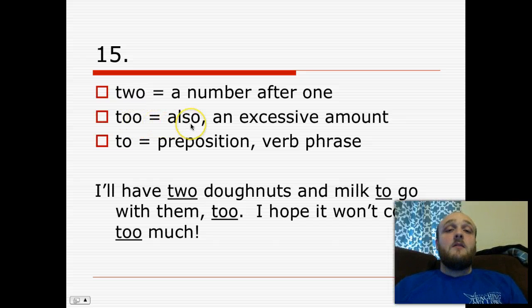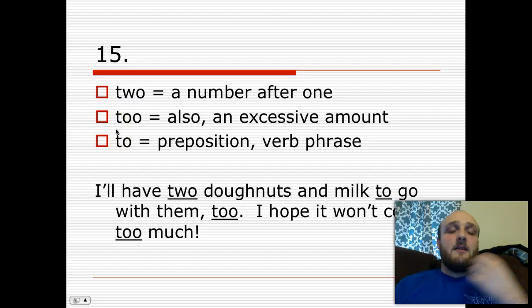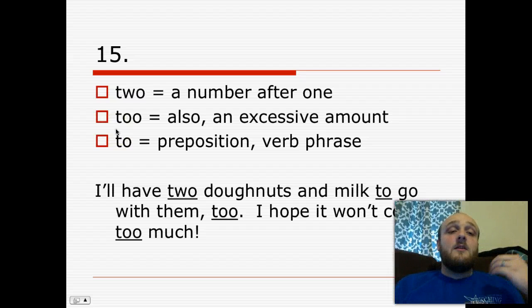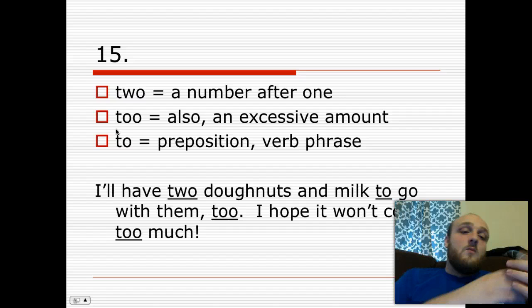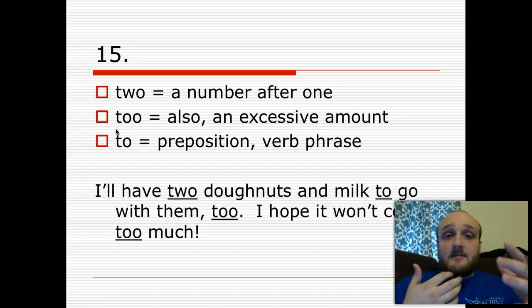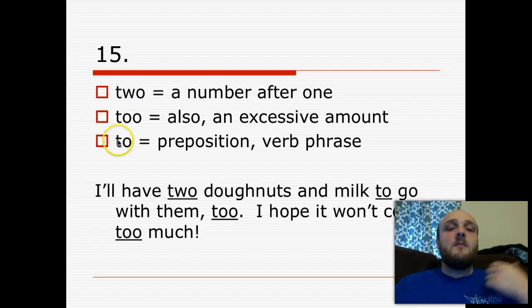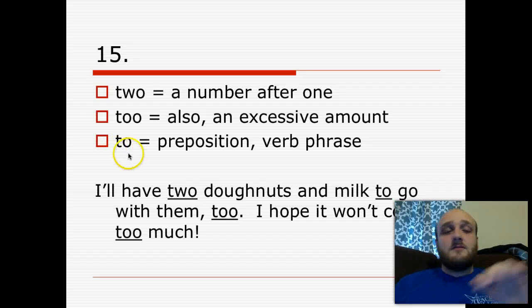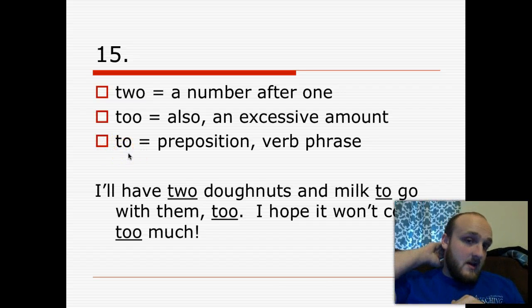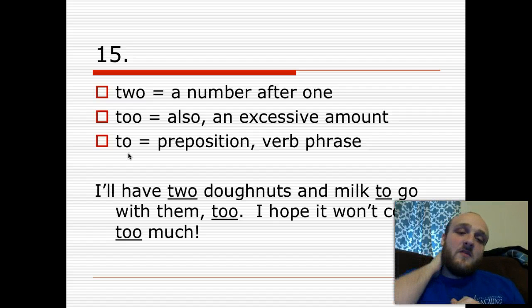T-O-O means also, an excessive amount. If you can substitute the word also with the word too and it makes sense, then it is T-O-O, okay? It means an excessive amount. Then finally, the letters T and O, just without the extra O on the end, is a preposition or a verb phrase, okay?